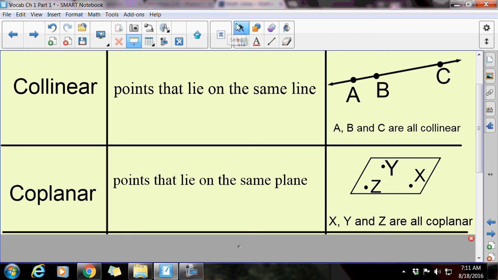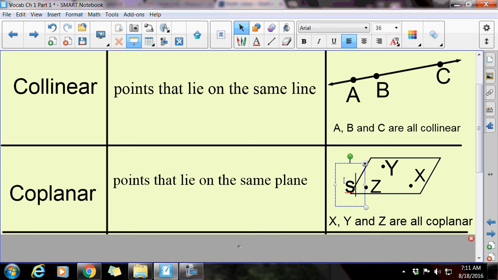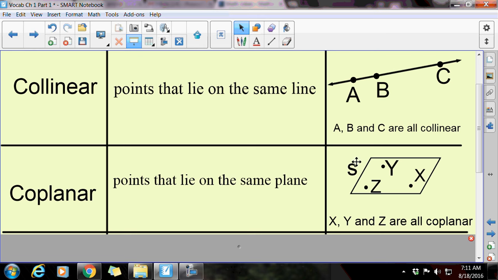You can also call a plane by a lowercase letter. So you could have something like S. See this lowercase s, and it's usually up in a corner? So you could call this plane XYZ. These points, X, Y, and Z, are all in the plane, so we could call it plane XYZ, although it is nice to have 4 of them to call it that.